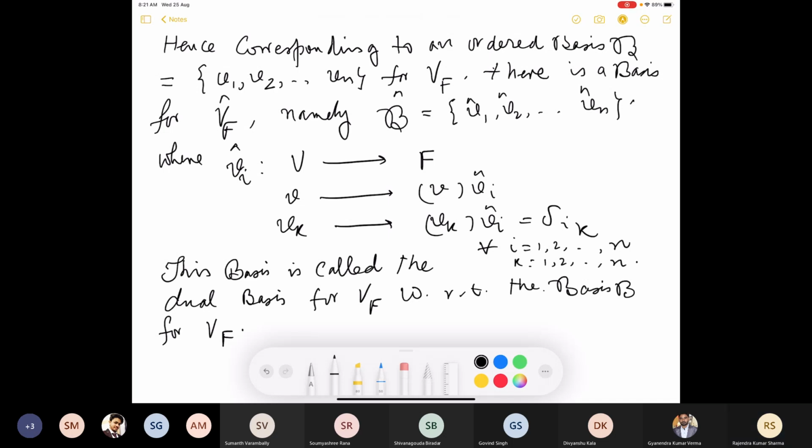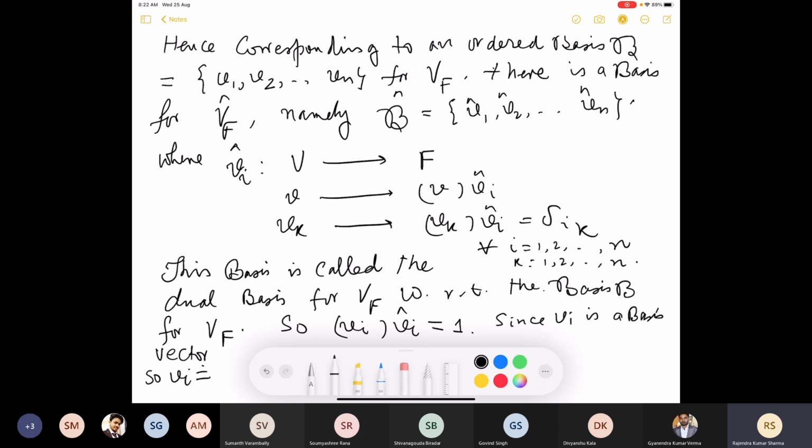So we have got a basis. You can see here that Vi under Vi hat will be 1. And Vi is not 0, since each Vi is a basis vector.